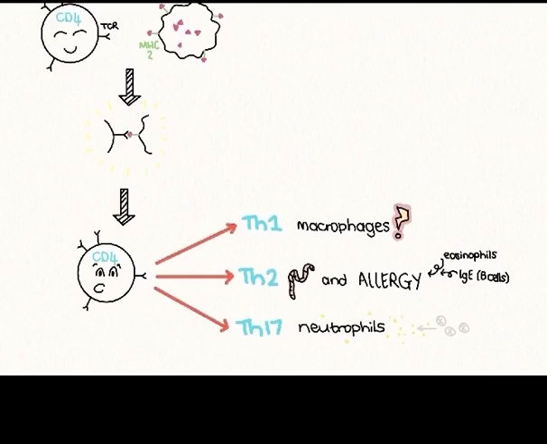Th17 are especially important in reactions which require neutrophils because they produce cytokines which recruit and amplify the effects of neutrophils.